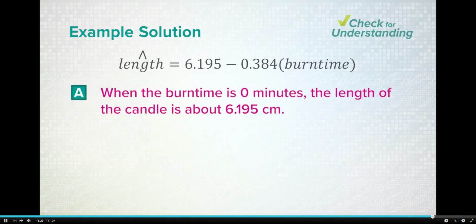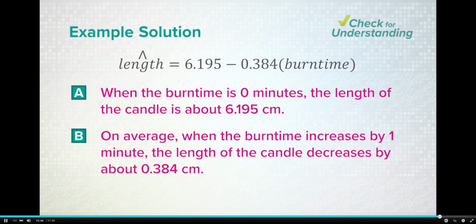Here's the check for understanding solution. For part A, interpreting the y-intercept, when the burn time is 0 minutes, the length of the candle is about 6.195 centimeters. And for part B, interpreting the slope, on average, when the burn time increases by 1 minute, the length of the candle decreases by about 0.384 centimeters.